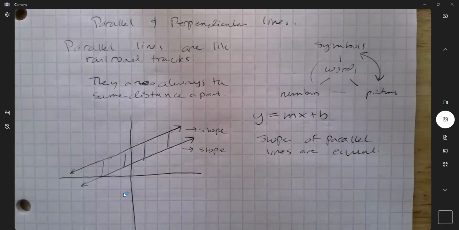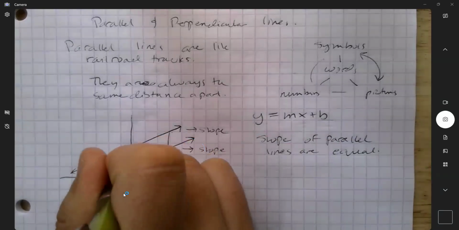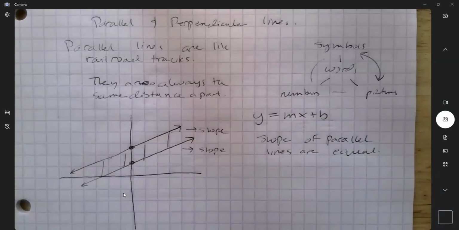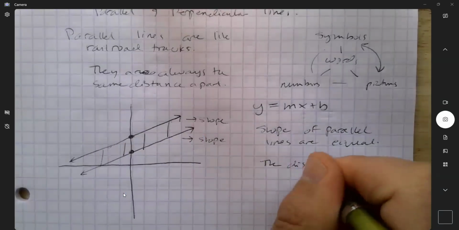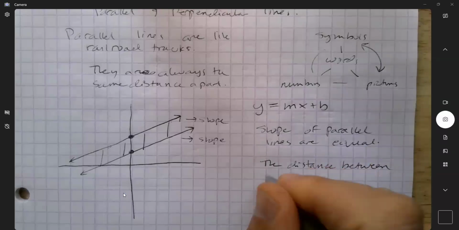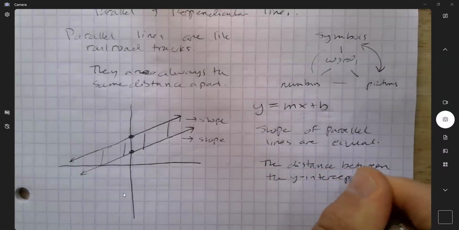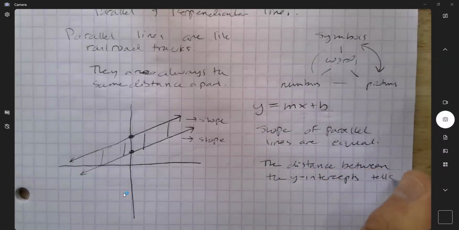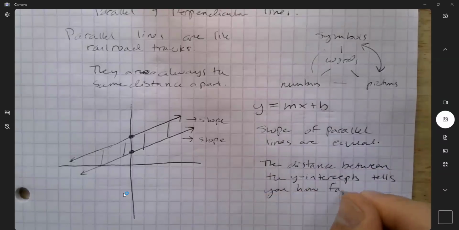And how do I know how far apart they are? Well, I can look at the two y-intercepts. The distance between the y-intercepts tells you how far apart they are.